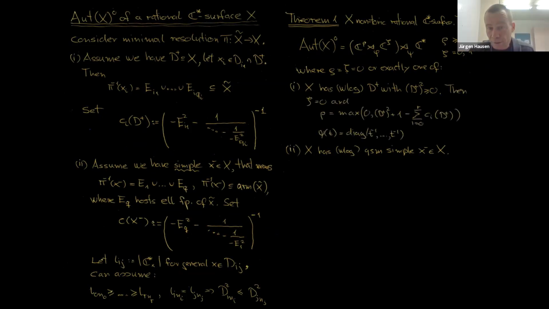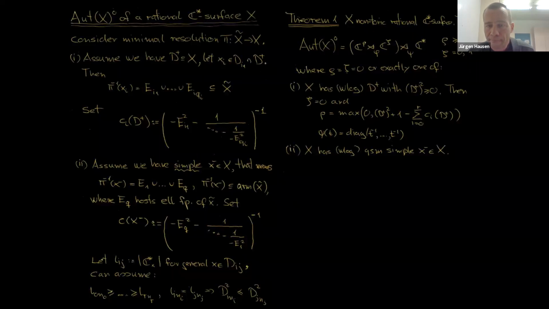If we are in the first setting, then zeta equals 0, and rho is given via self-intersection numbers as follows. It's the maximum of 0 and D plus squared plus 1 minus the sum from i to 0 over all these numbers ci of D plus we just defined.